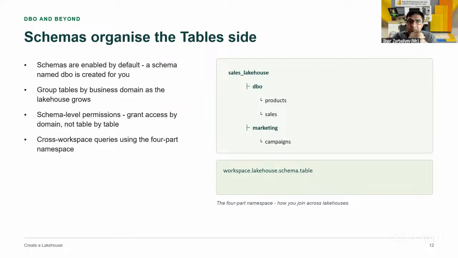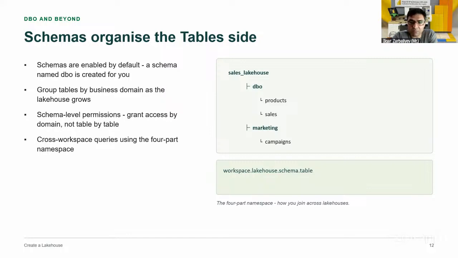Two tables do not need organizing. Two hundred do. So you group them by business domain, sales, marketing, HR, as you can see in the tree on the right. And they unlock two things beyond tidiness. First, schema-level permissions. You can grant the marketing team access to the marketing schema rather than granting table by table and forgetting one.